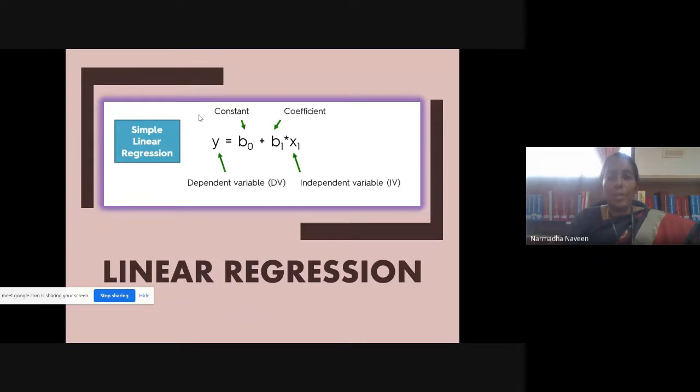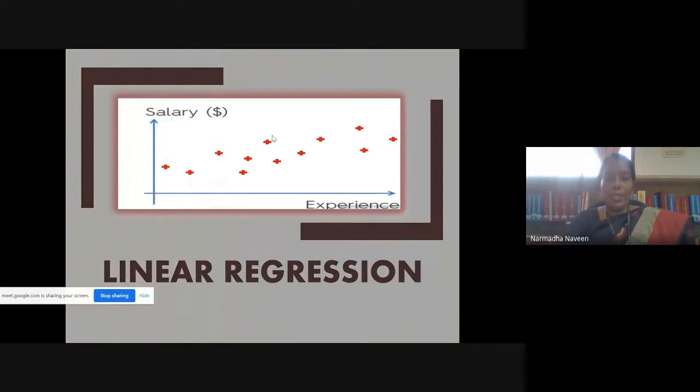How do we represent it? y is equal to mx plus c. The same is represented here: y is equal to b0 plus b1 into x1, where x1 is the independent variable, b1 is the coefficient, that is the rate of change, b0 is the constant, and y is the dependent variable.